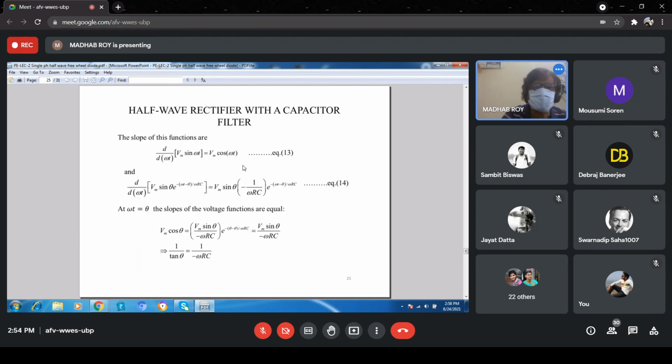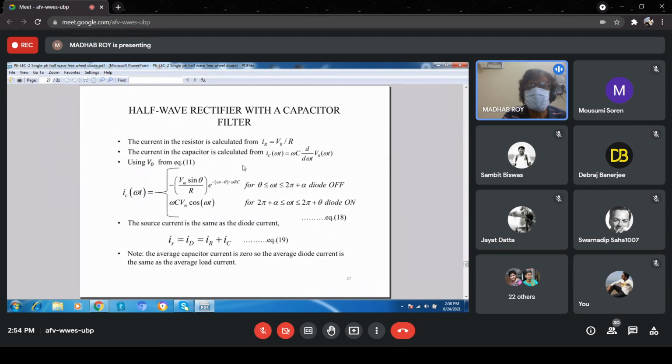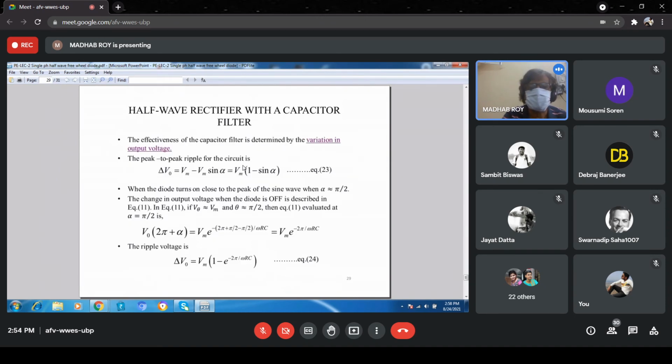This is not a very complicated issue. You are good in mathematics, so you can solve it again. So this is the value of theta in respect of RC, and then we can solve this equation. We can have a periodic solution. Filter capacitor value.